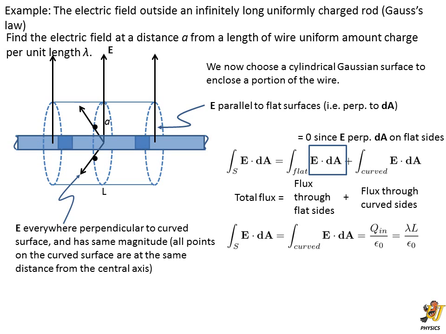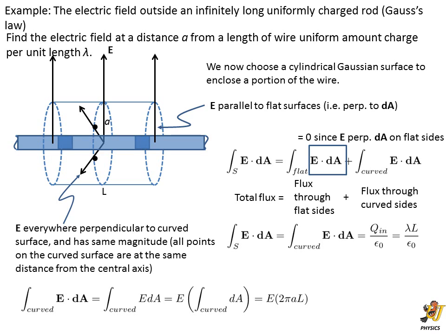This implies that the electric flux through the entire Gaussian surface is completely determined by the electric flux through the curved cylindrical surface. Whatever this number is, it has to equal the amount of charge that is enclosed by the Gaussian surface. This is just equal to the charge per unit length multiplied by the length enclosed by the surface.